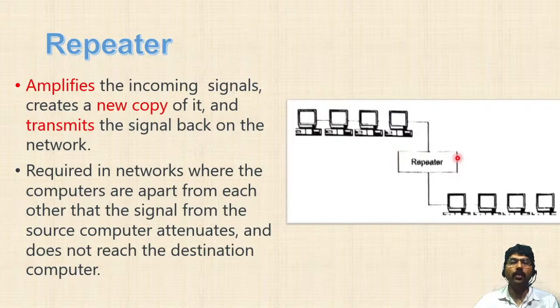This repeater is also an amplifier. It takes a signal from the input and generates a new copy of it. Instead of just amplifying, it creates a completely new copy of the input signal, which is the amplified signal, and sends it to the destination. So repeaters generally contain two ports, one for input and one for output.